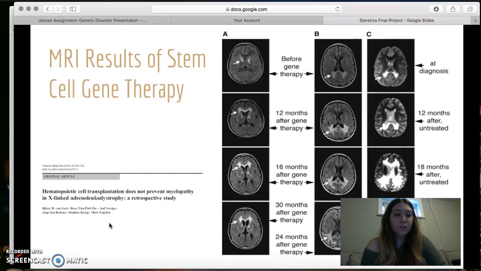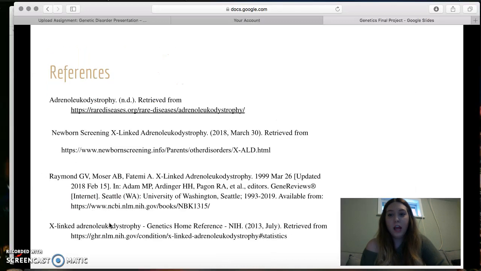And then on the right, these were some results before the gene therapy at diagnosis, and then after 12 months, 16 months, 30 months. 24 months on A and B were getting treated and C was not, and 24 months after being untreated you could see a very clear difference in the MRI reads. So I thought that was interesting and wanted to include that, no matter what side you believe on the stem cell gene therapy aspect.